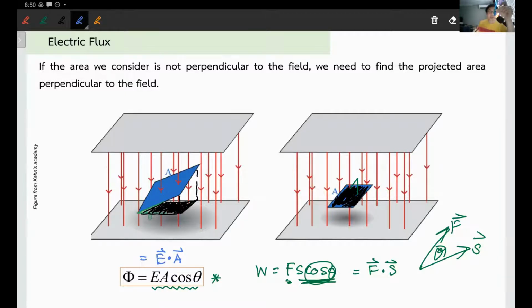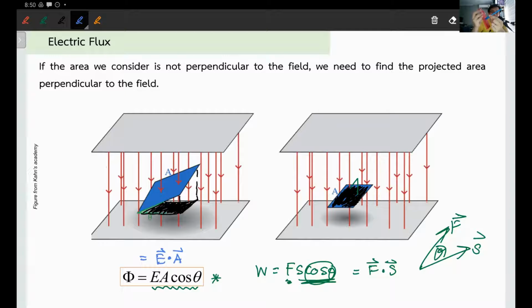So by having this vector right here, now I can actually say which direction this surface is pointing to. I can do it in 3D. I can now point it in any direction I like, because if I see this vector, I can trace back to the actual area that is going to be perpendicular to this vector all the time.